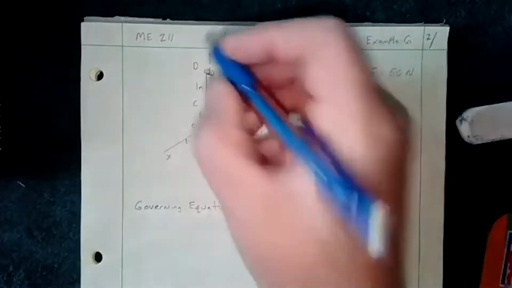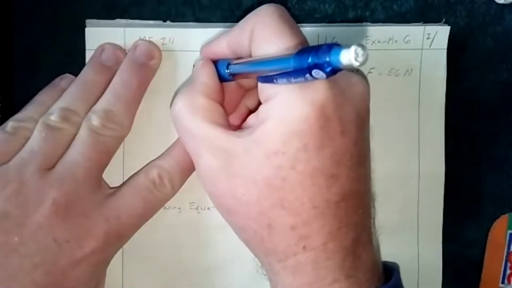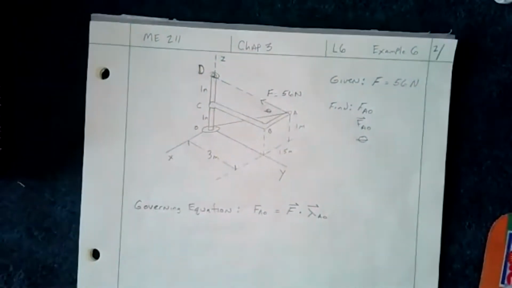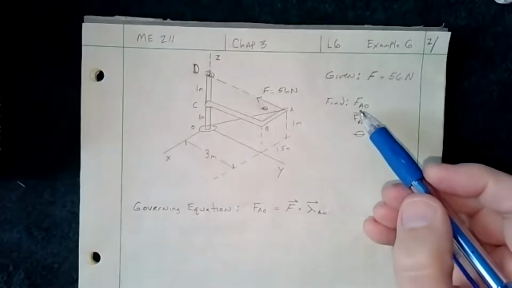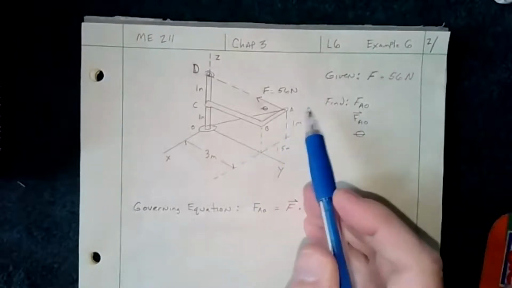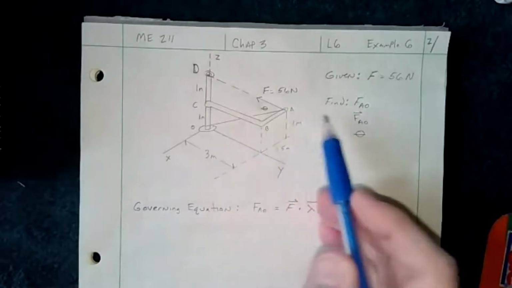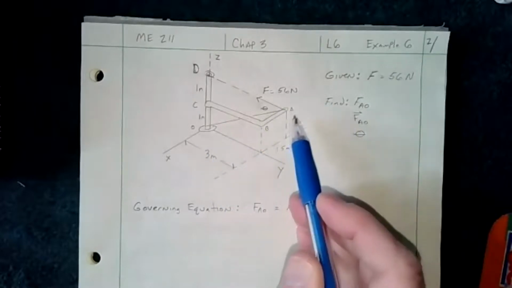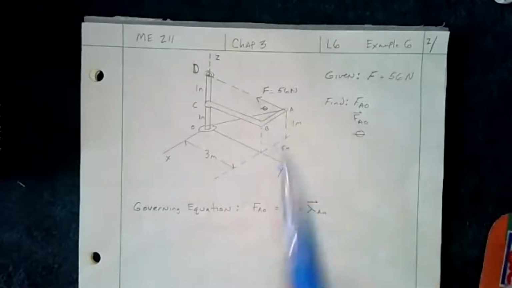Now it's even more like an O. Maybe that's better. We're going to do the same thing. We're going to find the projected amount of this 56 newtons onto this line AO. What is that subsequent vector in IJK components? And what is that angle theta?